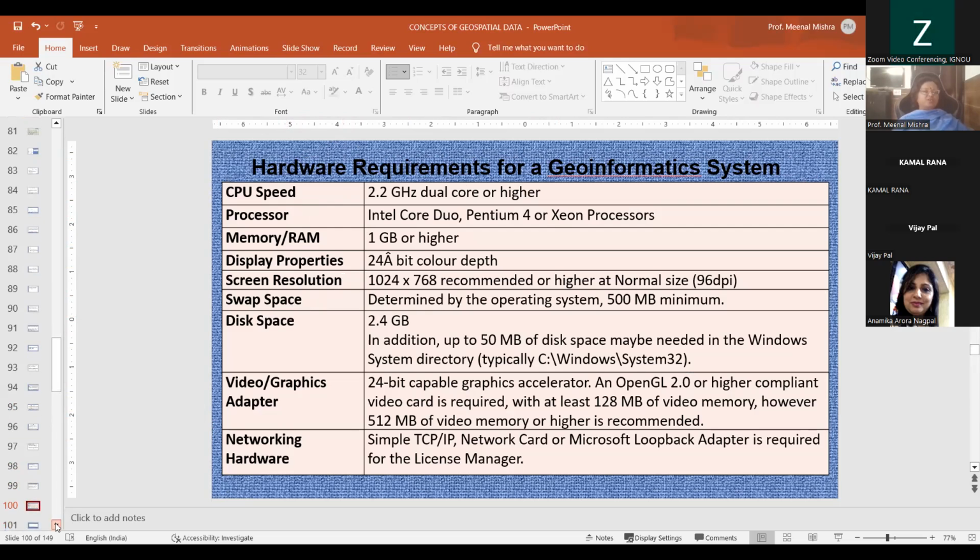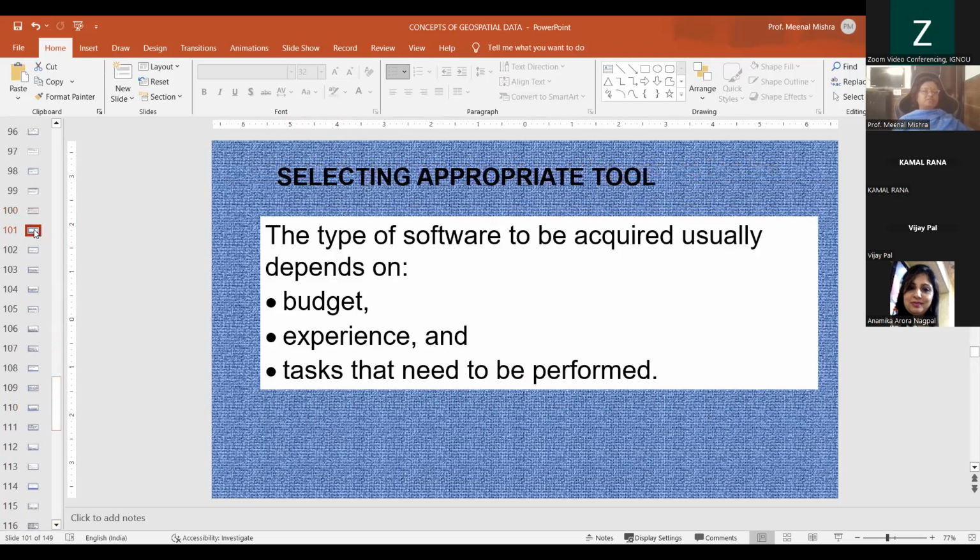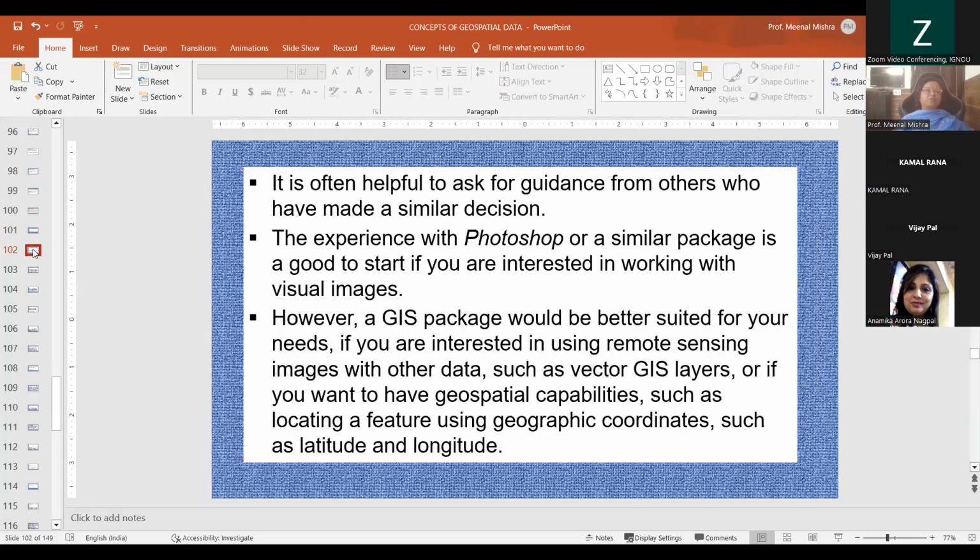So these are all hardware requirements. Next, it is very important to know how you select your software. First of all, you should know your budget, how much you can spend, your experience, and the task which needs to be performed. Okay.